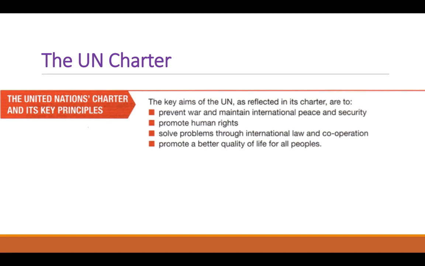The United Nations Charter states the aims. Number 1, preventing war and maintaining international peace and security. Number 2, promoting human rights. Number 3, solving problems through international law and cooperation.